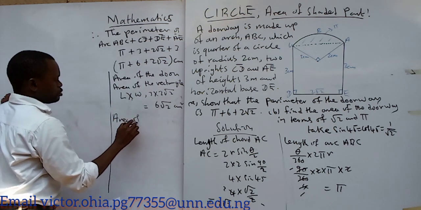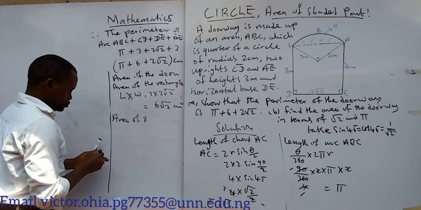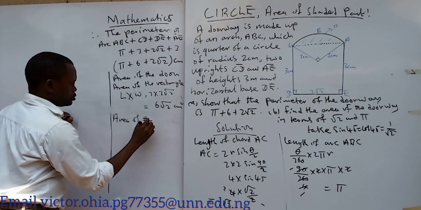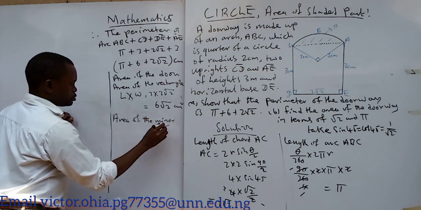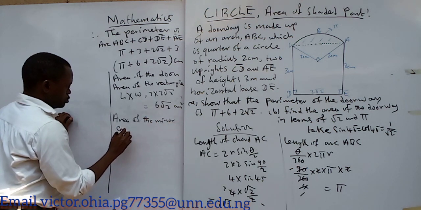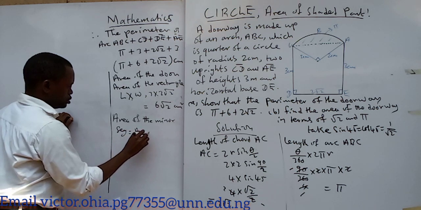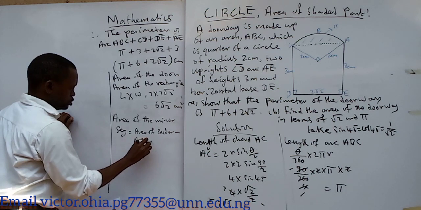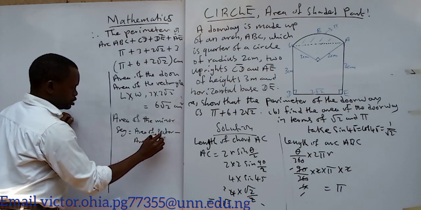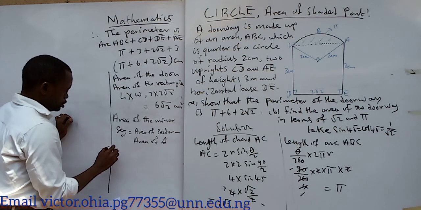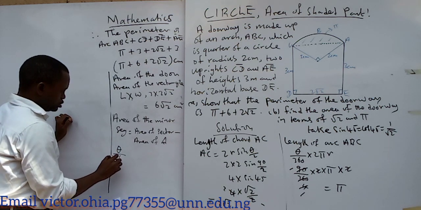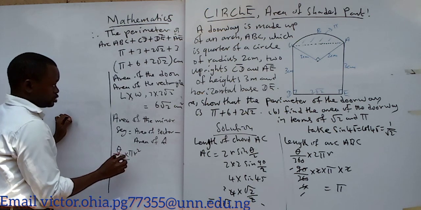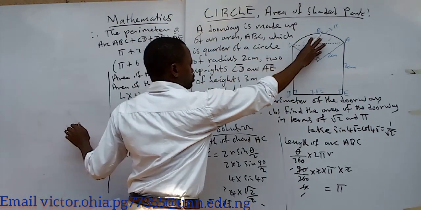the area of the minor segment is the area of the sector minus the area of the triangle there, and this will give me theta over 360 times pi r squared, which is for the sector, the entire sector, the whole of this.